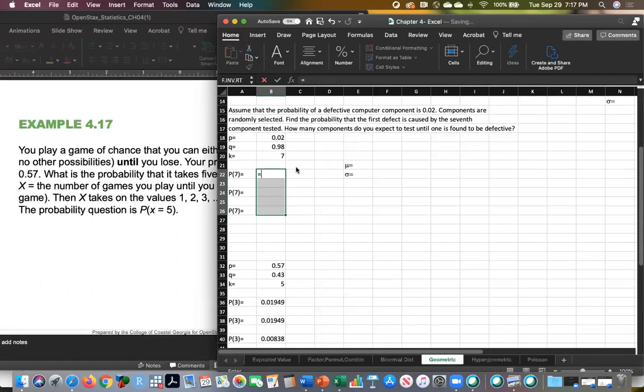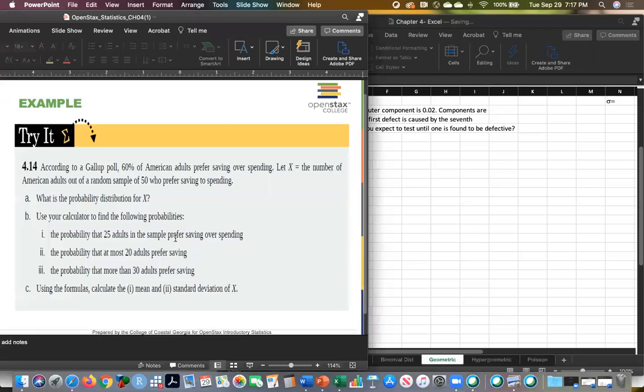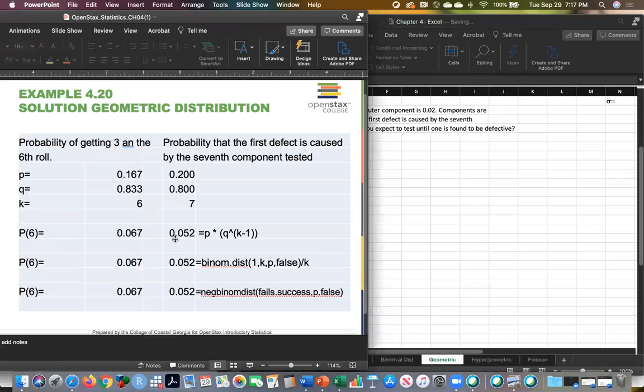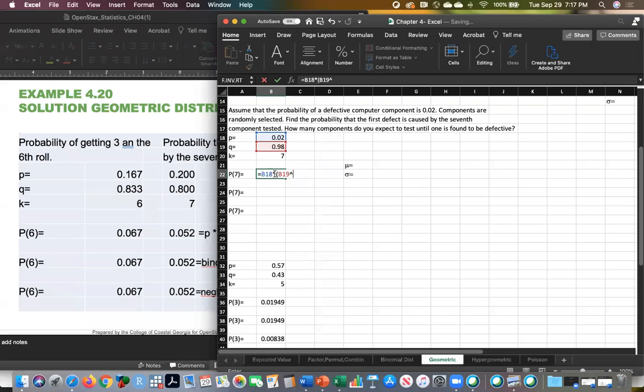So I can say equal, so that is P times Q to the power. So that was the formula, right? Yeah. So P times Q to the power of K minus 1, right?